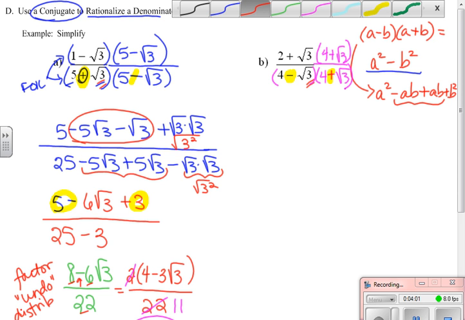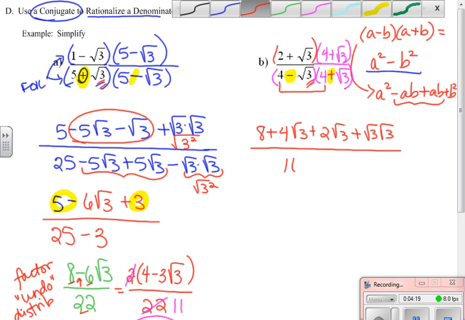Now, according to my rule over here, my numerator, I have to FOIL that. 8 plus 4 radical 3 plus 2 radical 3 plus radical 3 times radical 3. This bottom is going to be the first term squared, 16, minus the second term squared. And if you want, you could write it like that.